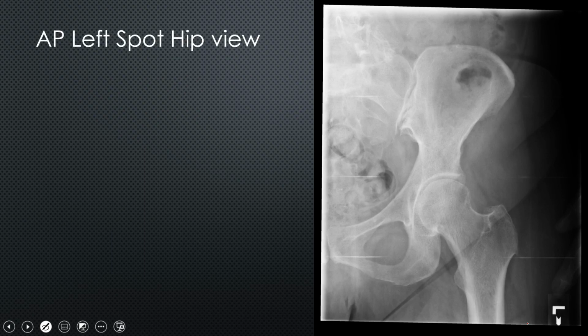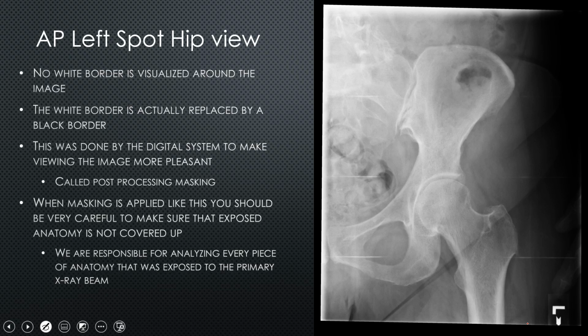So here's an example of an A to P spot hip view. As you can see, if we go back to the other examples of seeing what the collimation looks like, compared to what this collimation is here.